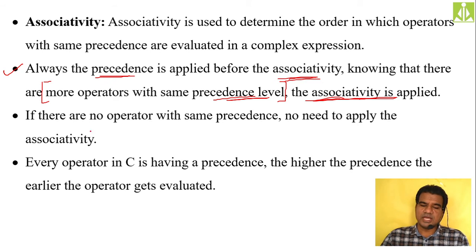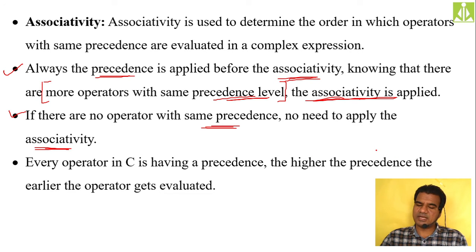Hopefully you understood. This is also an important statement: if there are no operators with the same precedence, then no need to apply the associativity. Every operator in C has a precedence.